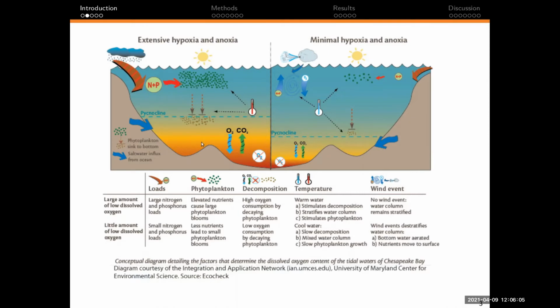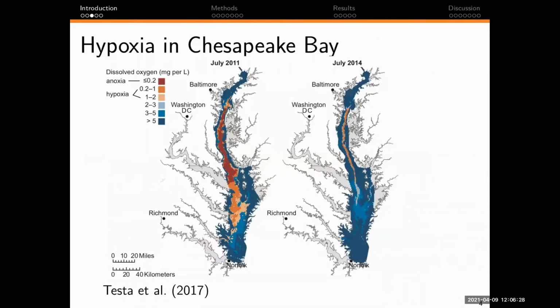It decomposes, which uses up oxygen, so that draws down oxygen in the lower part of the water. At the same time, there's a pycnocline, partially set up by freshwater discharge, increasing the density stratification. That prevents vertical mixing of the water. It prevents oxygen from the surface from mixing down towards the increasingly hypoxic bottom water.